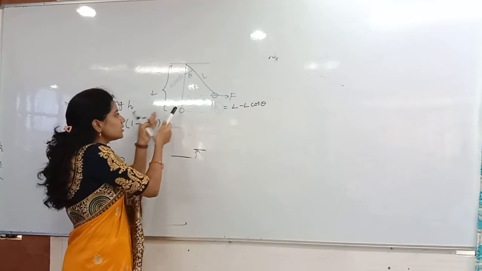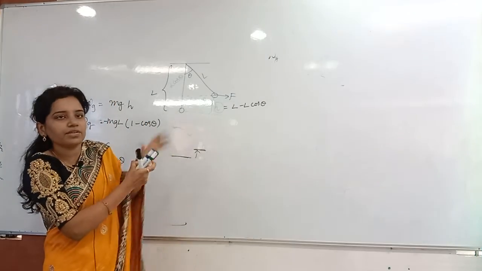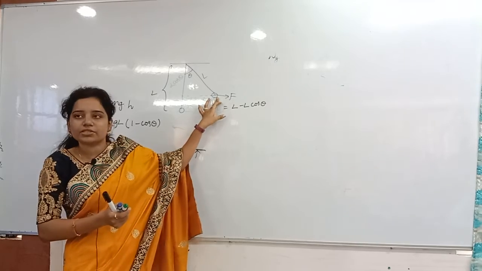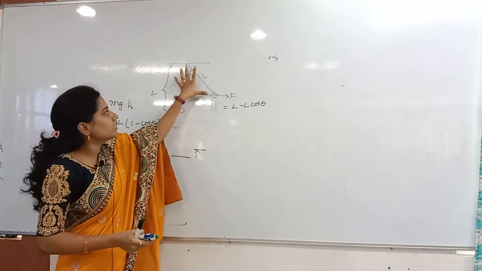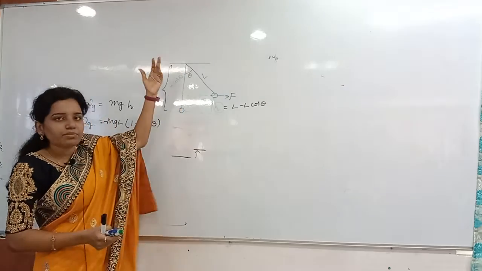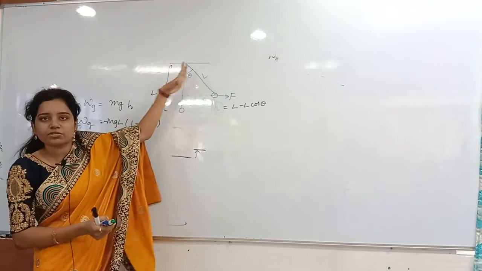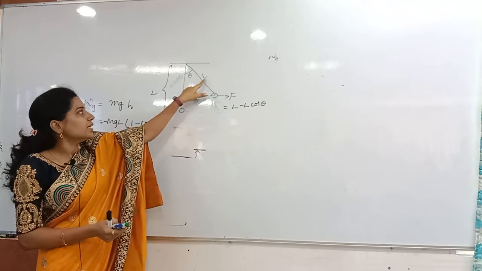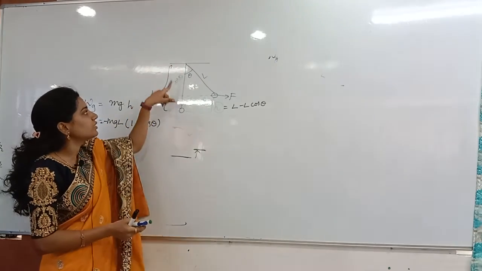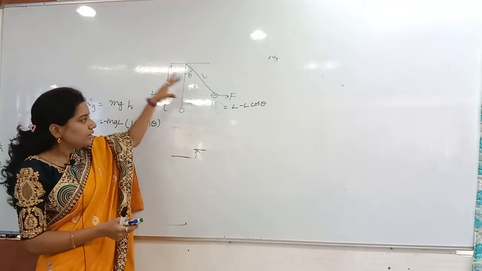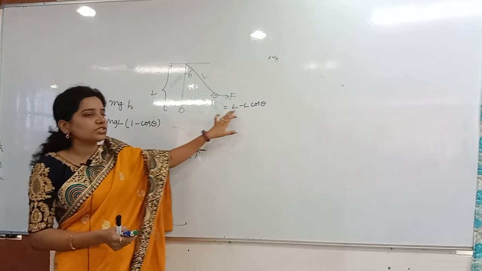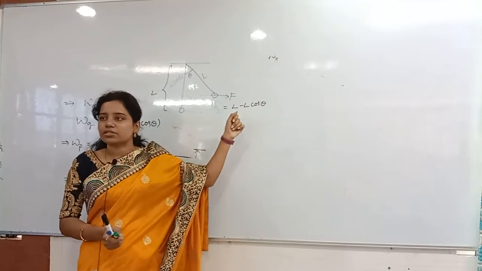Whenever you are applying a horizontal force, what happens? The bob is getting lifted in the upward direction. How much displacement? H is the displacement. Now this length is L. Obviously everybody knows that this length is also L, from this only that came. So this is L, this is theta, so only this much length is L cos theta. Total is L. So H is equal to L minus L cos theta.